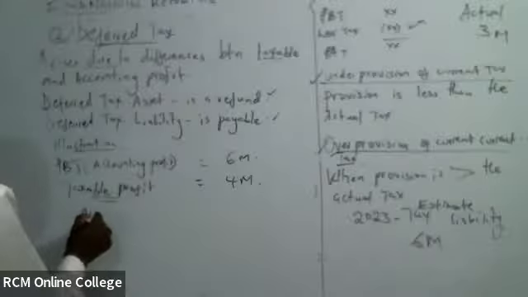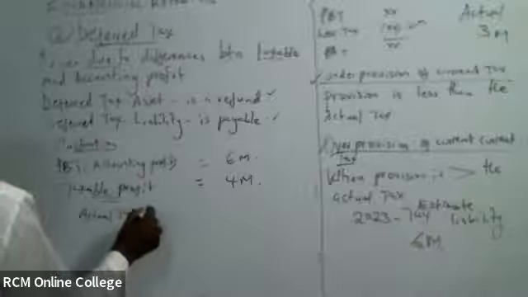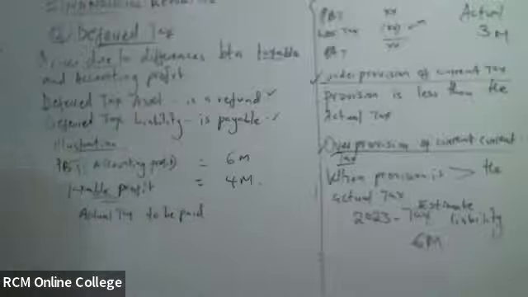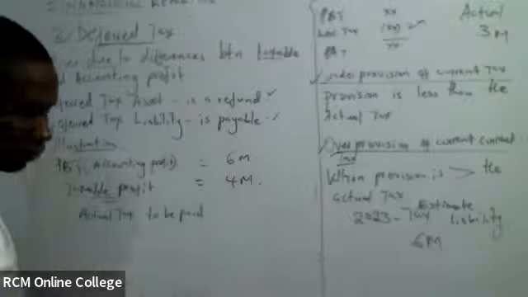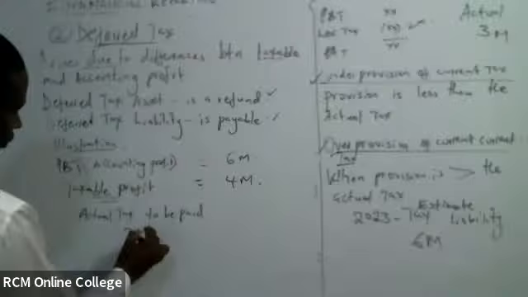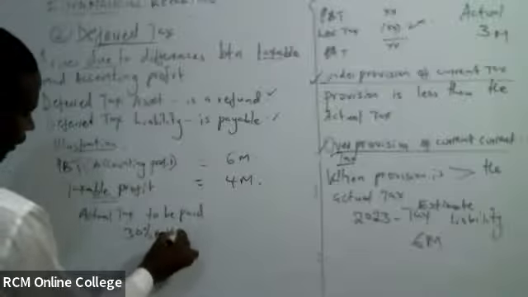How much will the actual tax to be paid be? Based on the taxable profit of 4 million, it will be 30% of 4 million. That will be the actual tax to be paid.